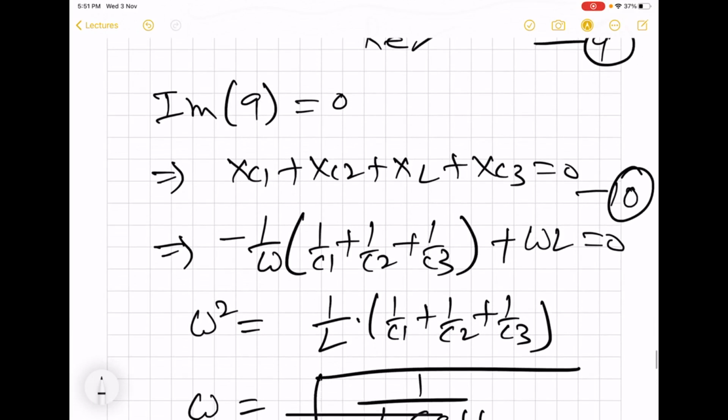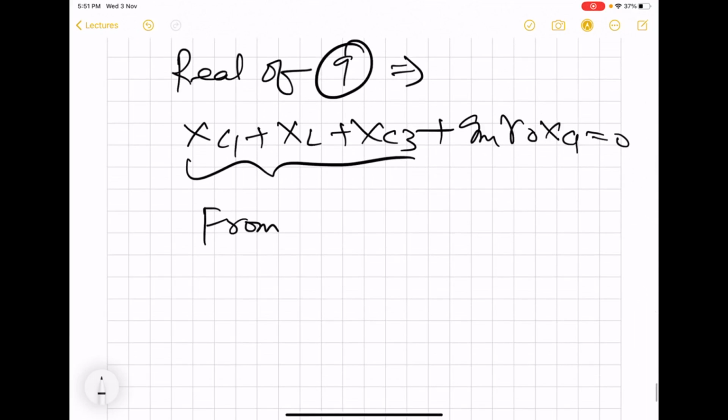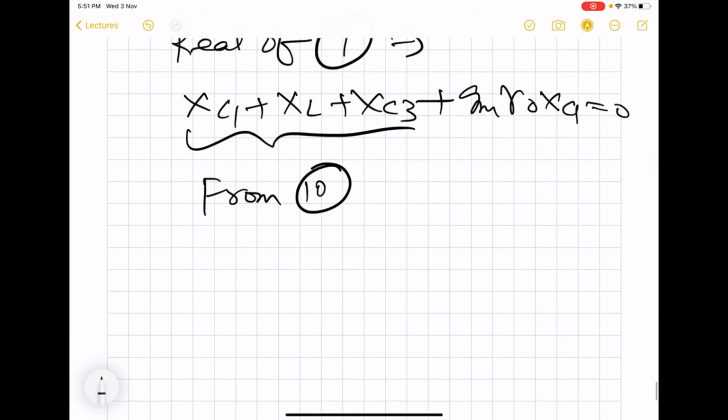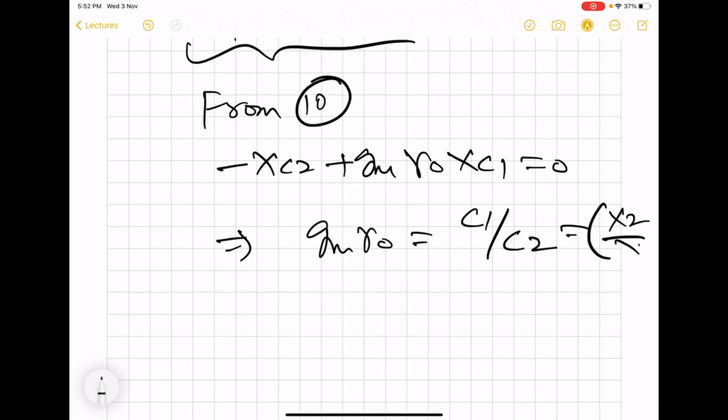So we can eliminate XC1, XL, and XC3 in terms of this XC2. From 10, we get minus XC2 plus gm R0 XC1 is equal to 0. So this gives rise to the well-known result, gm R0 is equal to C1 by C2, or in fact XC2 by XC1.